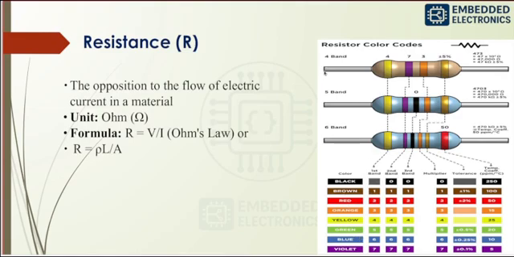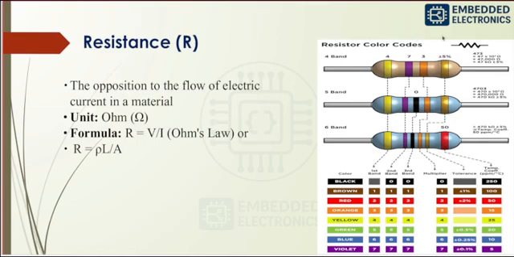In this resistor, the first band is yellow, which has 4, violet 7, orange 3, and this is gold, plus or minus percent, which is the tolerance. The first two numbers are written as they are: 47. For this band, you need to write 10 to the power of the number.